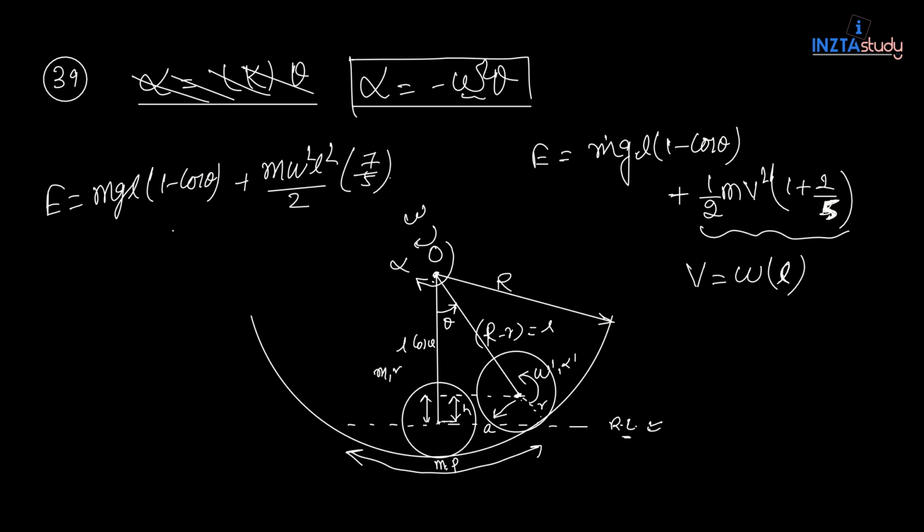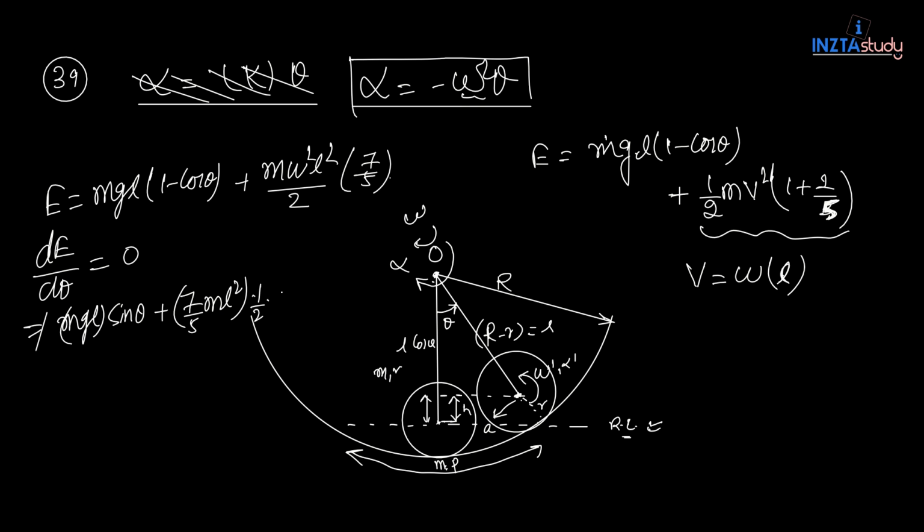Now differentiate this E with respect to theta. E is constant, so dE by d theta is equal to 0. Cos theta will become sin theta, so mgL sin theta plus m L square into 7 by 5 into 2 omega d omega by d theta by 2 is equal to 0.